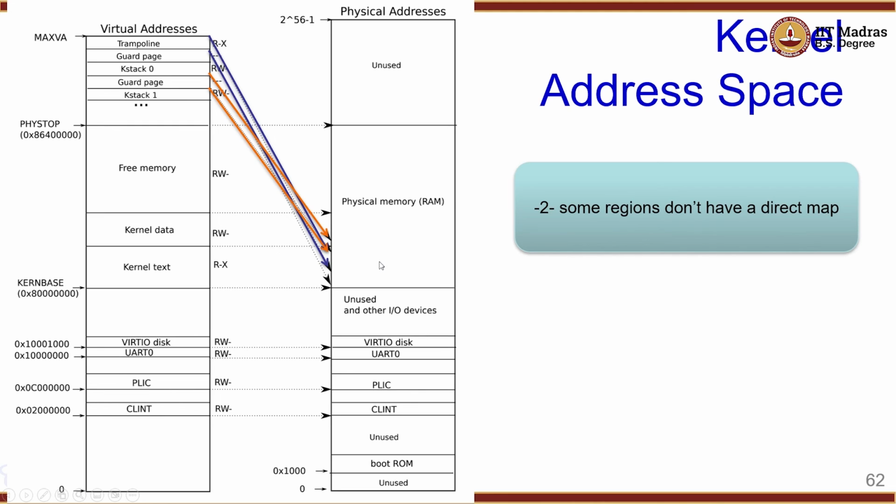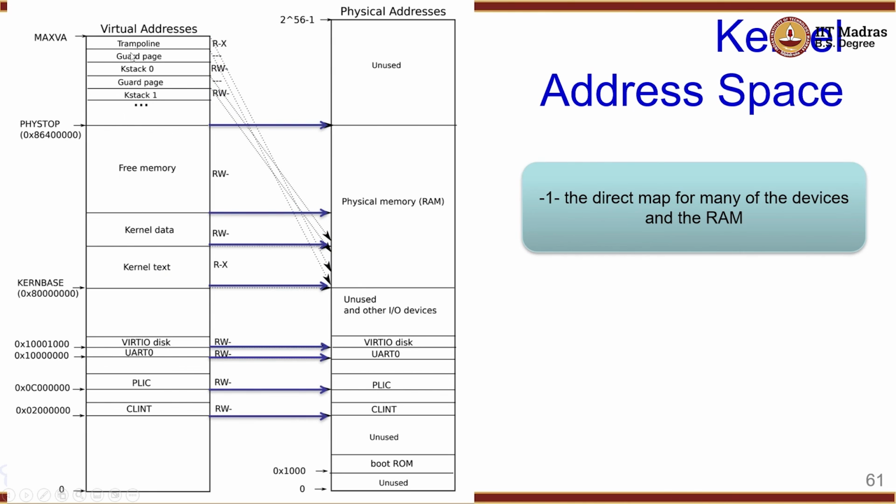Now, you would notice something very interesting. We have said two things. First, we said that there is a direct map that exists. So for kernel code and data, there is a hierarchy of page table entries which converts each address from this location to a particular address over here.